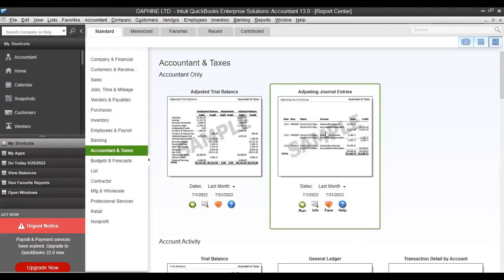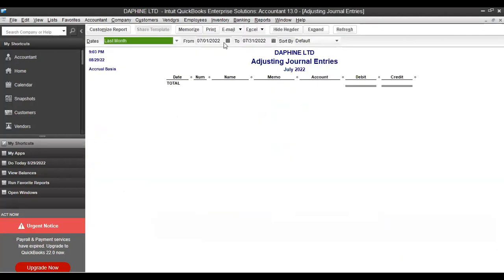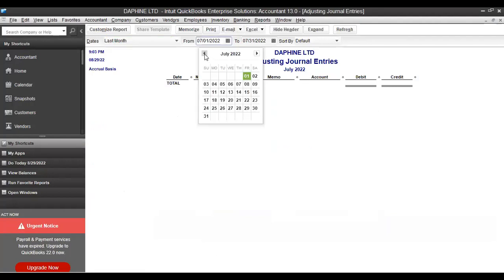Okay, the adjusting journals will always be here. So when you click on them, you specify the period. Of course, the journals were dated 31st December 2019. So you want to have 31st December. Okay, 31st December 2017.